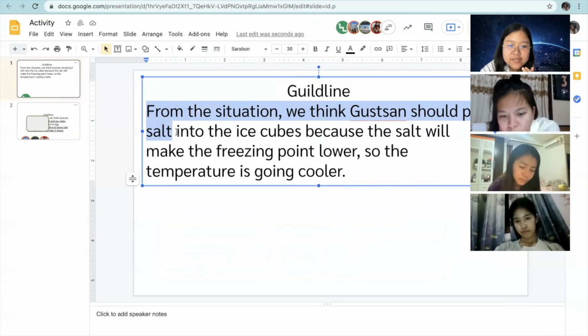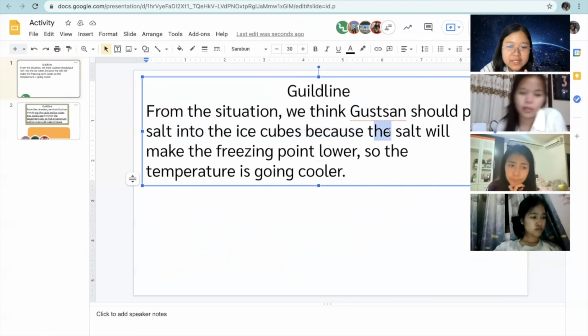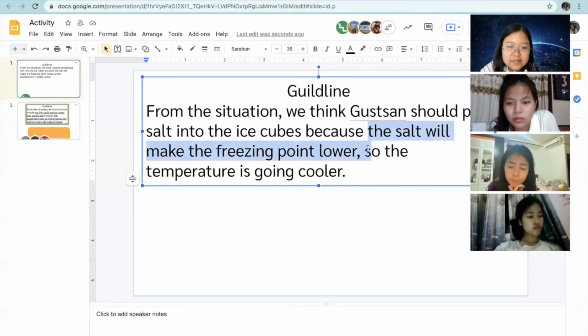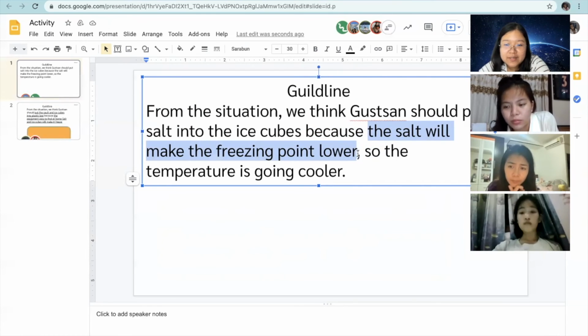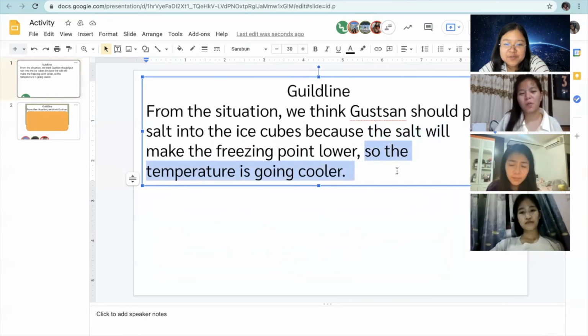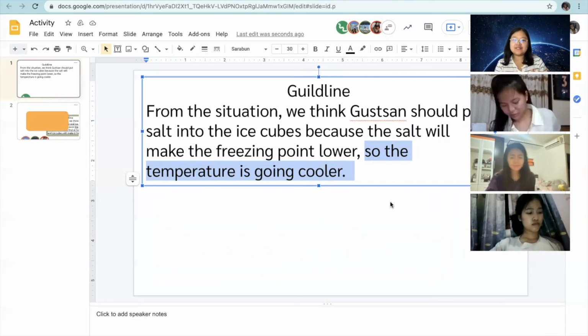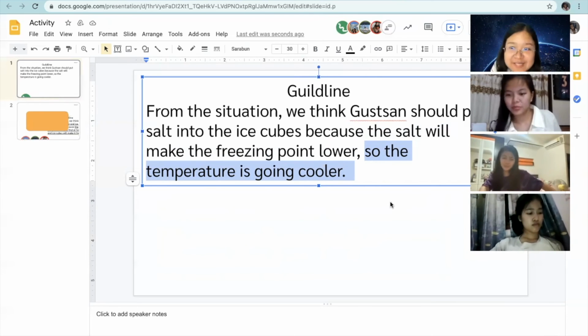So next is Tang. Okay. This is Boom. Okay. Next, the last, I will give two floats. Okay. I will decorate our presentation.